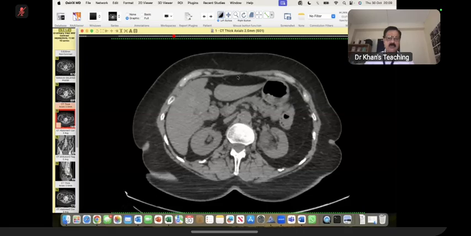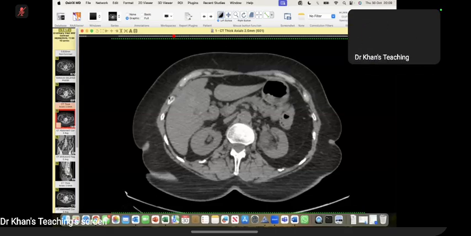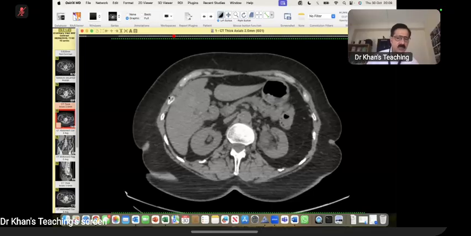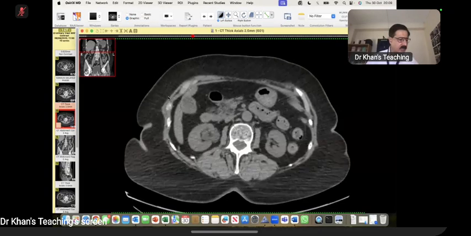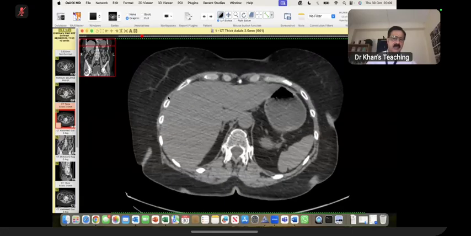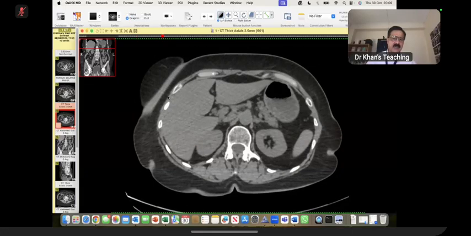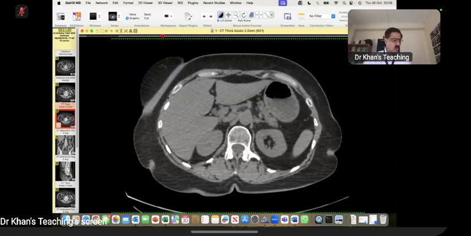Candidate 3. Hello, good evening. Yes, I'm here. Okay, candidate 3, this patient is a 32-year-old male, correction, female, with bilateral hydronephrosis on ultrasound. So CT was done.